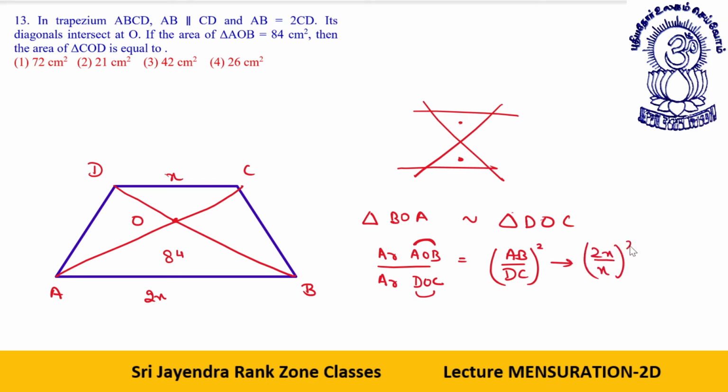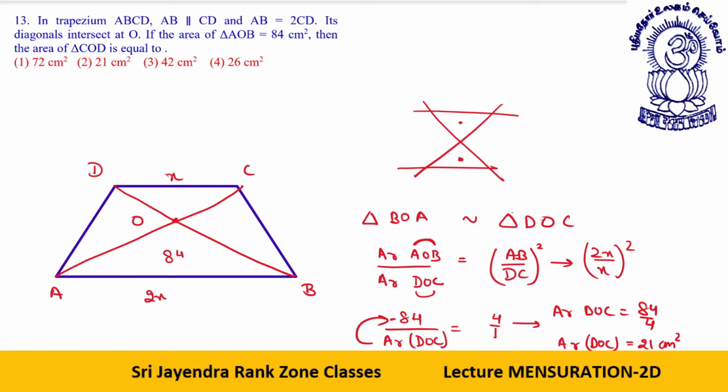X. So area of AOB, 84, upon area of DOC is equal to 4 is to 1. This means this is 4 times of this. So area of DOC is equal to 84 by 4. Therefore, area of DOC is 21 centimeter square, my dear students.